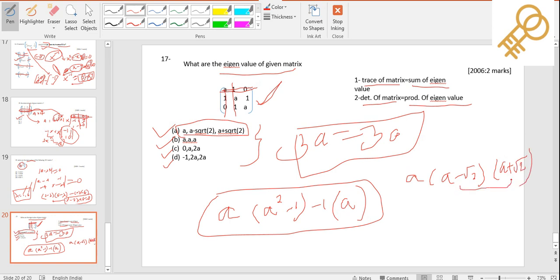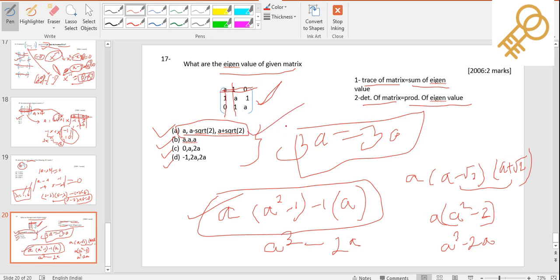If we multiply this, you'll get a into a square minus 2, and finally you'll get a cube minus 2a. Now if you simplify, you'll be getting the same thing, that is a cube minus 2a. So both conditions are satisfied, then you can tell this will be your correct option, no need to move to the next options.